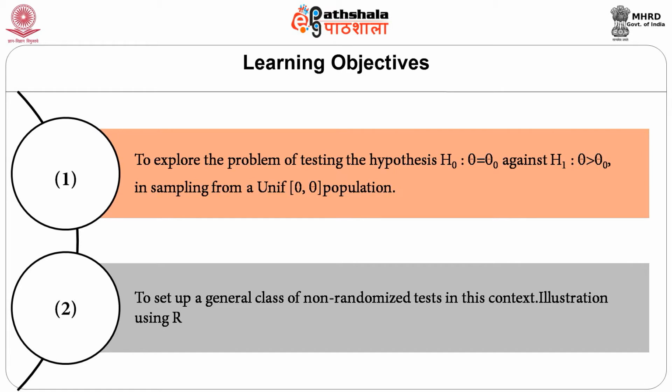In this module, we consider some UMP tests for this testing problem and also find a uniformly most powerful test for testing the composite null theta is less than or equal to theta naught against theta greater than theta naught. Here in this module, we also consider the power functions of these uniformly most powerful tests.